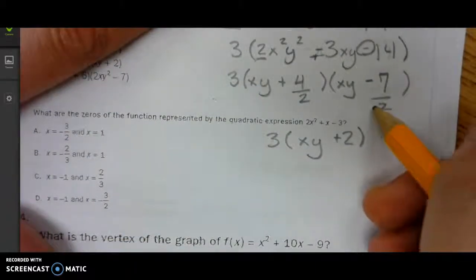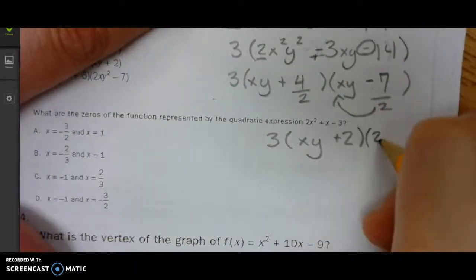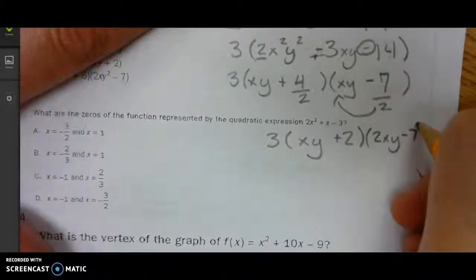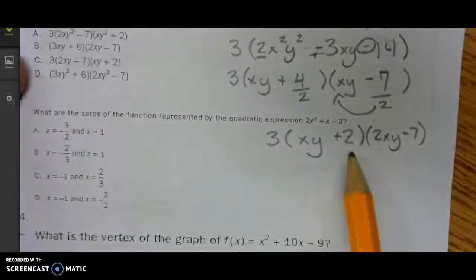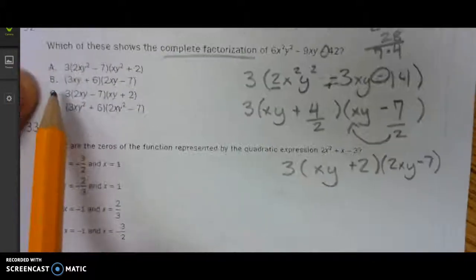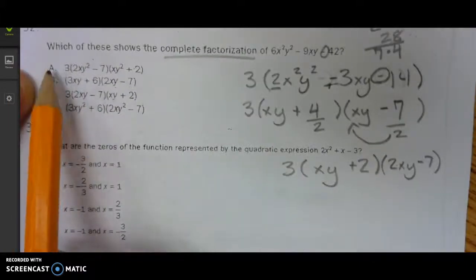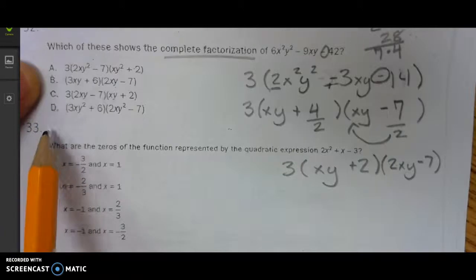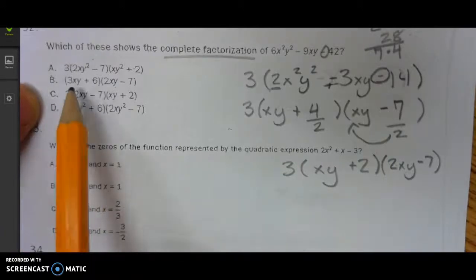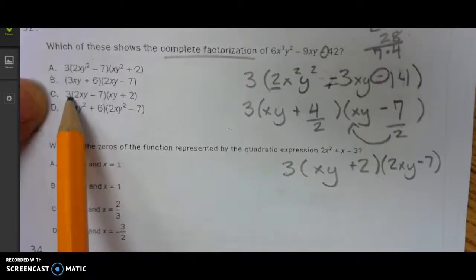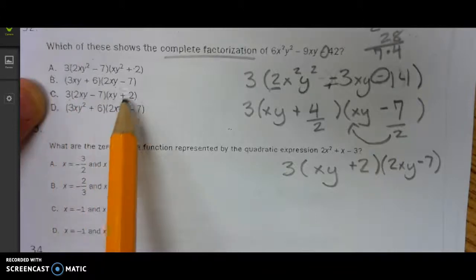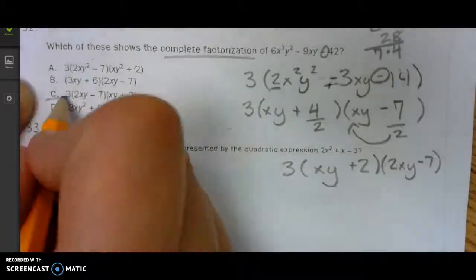This does not divide, so that's when we kick it to the front. And that's going to be my answer. Let's go find that. It is 2xy, yep. And this is just written backwards in mine. That doesn't matter. Remember, these can be in any order.